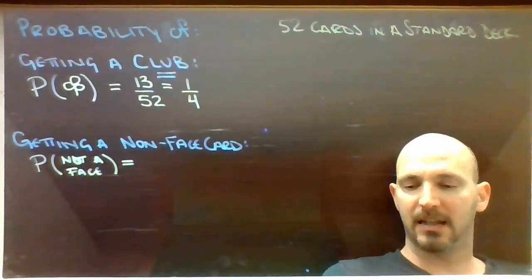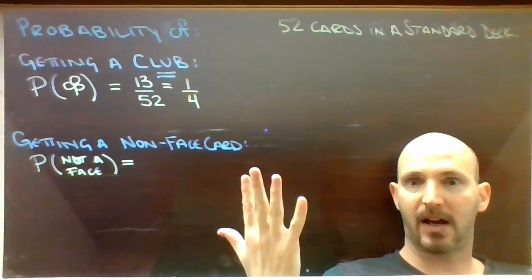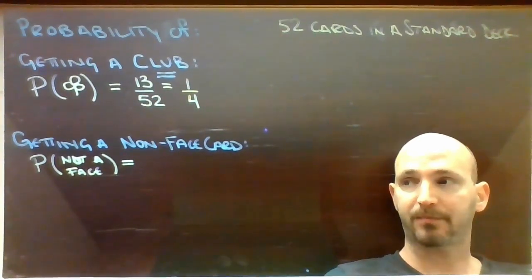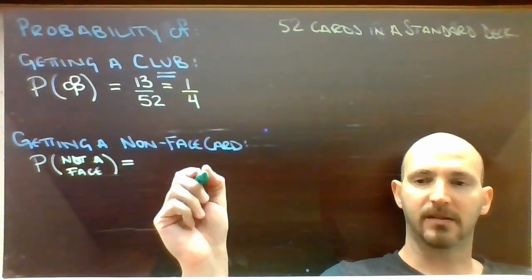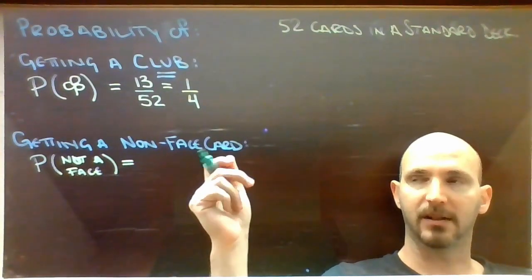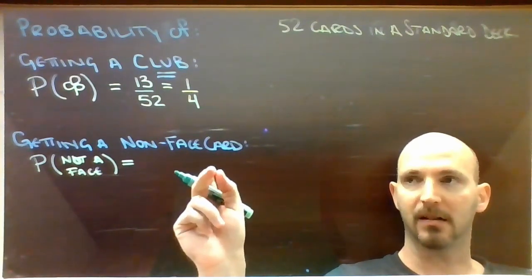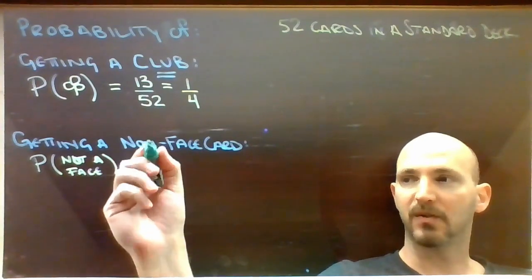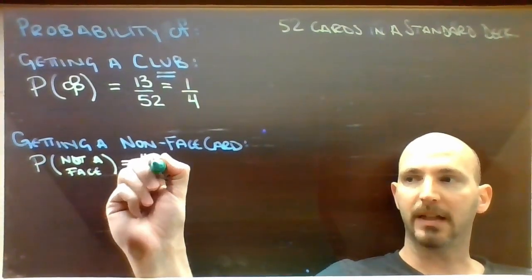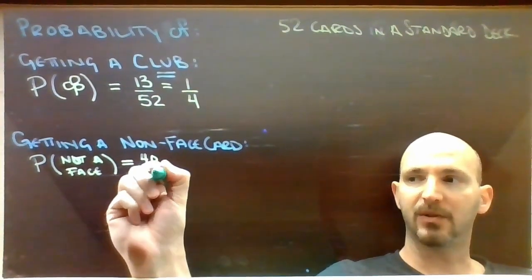So there's the ace, the 2, the 3, the 4, the 5, all the way up to 10. So there are 10 hearts that are not face cards, and there are 10 diamonds that are not face cards, and there are 10 clubs that are not face cards, and 10 spades that are not face cards, for a total of 40 out of 52 cards.